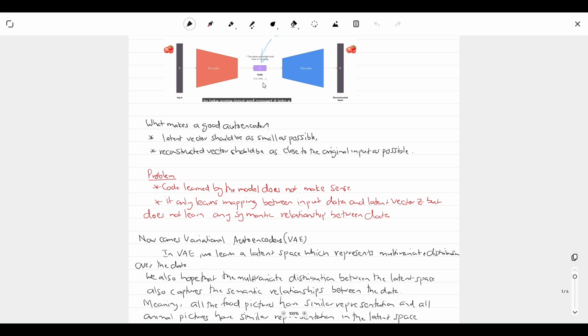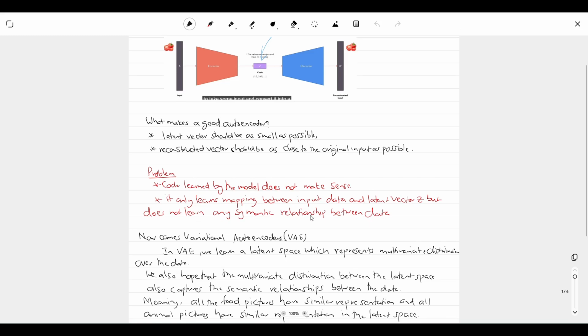The model only learns to map specific input data points to specific and isolated points in latent space. And second, it only learns the mapping between the input data X and its compressed vector Z, but it does not learn any semantic relationship or continuity between the latent vectors themselves.